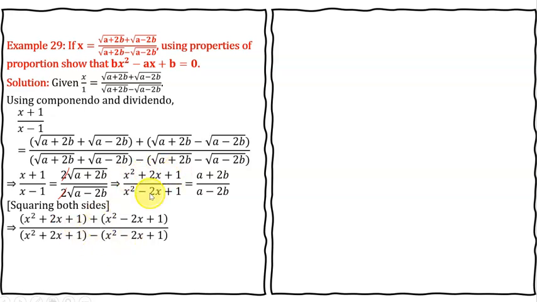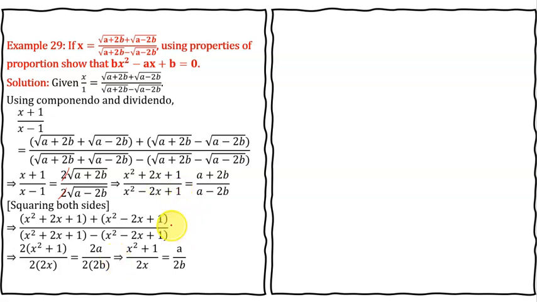That x square plus 2x plus 1 plus x square minus 2x plus 1 upon x square plus 2x plus 1 minus in bracket x square minus 2x plus 1, and that's equal to, okay, here I will write here one more term, that is a plus 2b plus a minus 2b, this whole divided by a plus 2b minus a plus 2b.